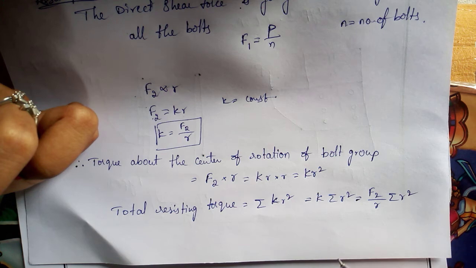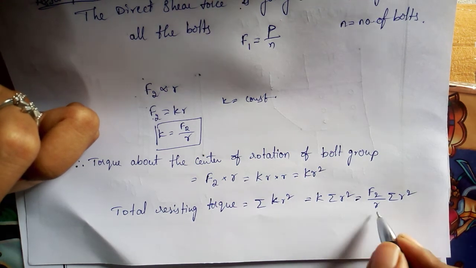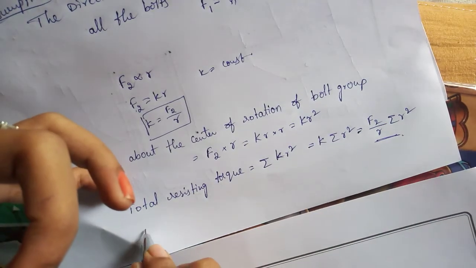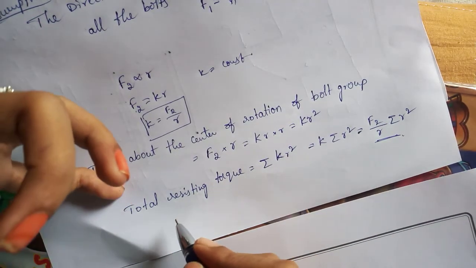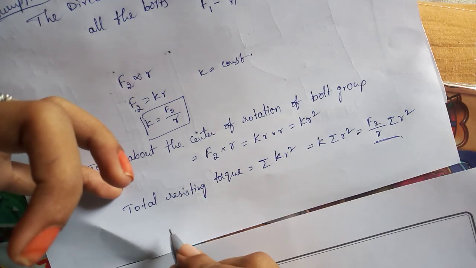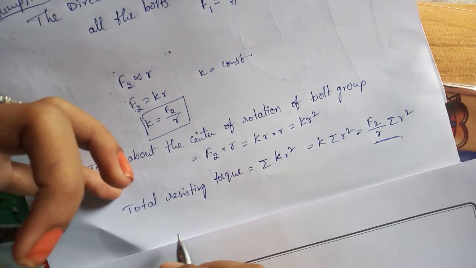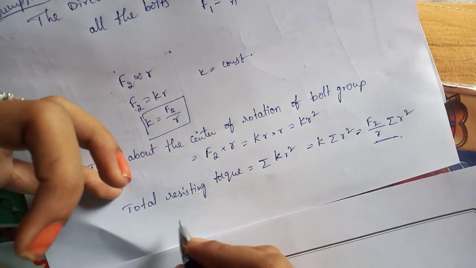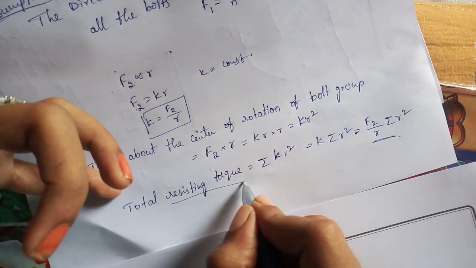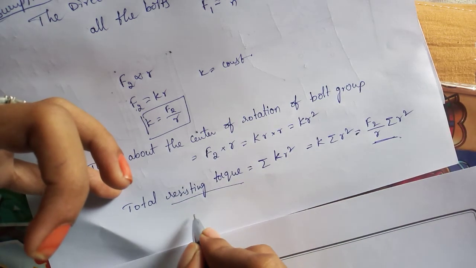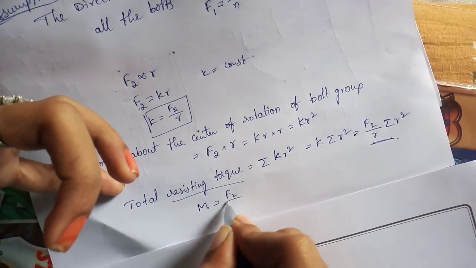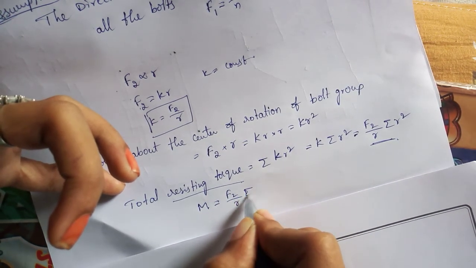Okay, so this is our total resisting torque. The resisting torque should be equal to the torque on the connection, which is the external torque, and this is the internal capacity. So M equals F2 by R into summation R square.